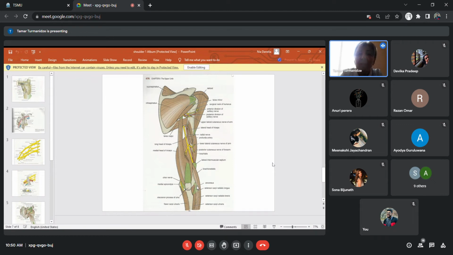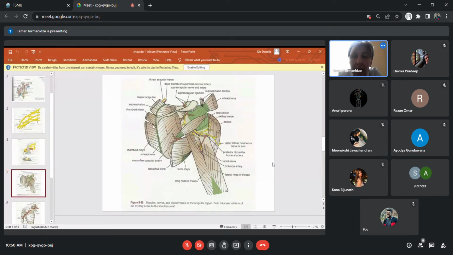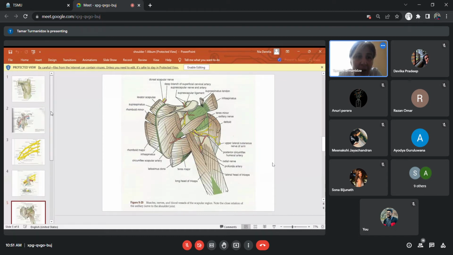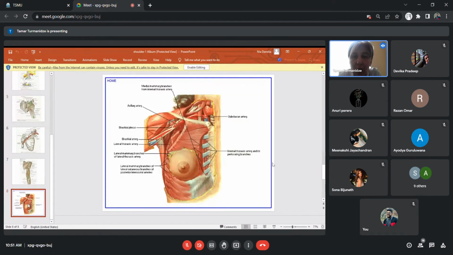The shoulder is subdivided into 4 regions: scapular region, deltoid region, axillary region, and infraclavicular region. So I repeat, the shoulder consists of the 4 regions: deltoid region, infraclavicular region, axillary region, and scapular region.